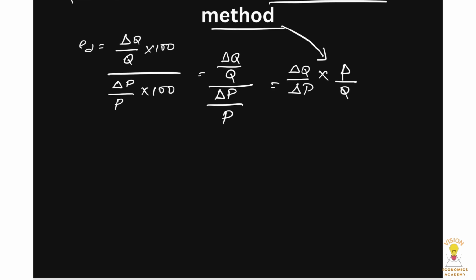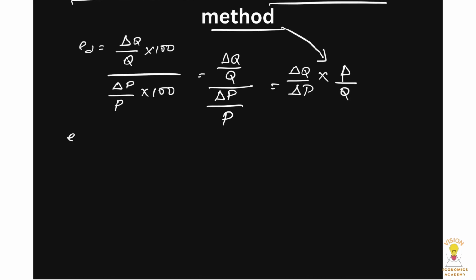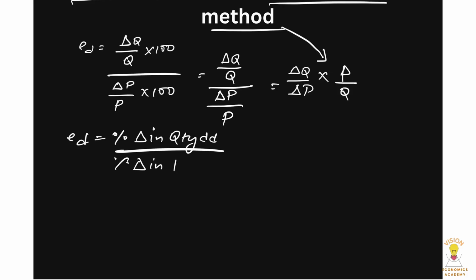It's pretty simple. In the percentage method, it is simply percentage change in quantity demanded by percentage change in price. Then the second step, the 100 gets cancelled and this remains.